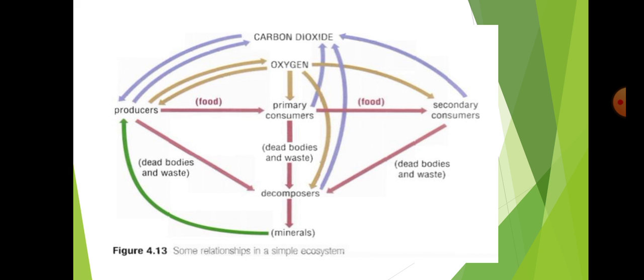The secondary consumer, primary consumer, and producers are all food for the decomposers after they die, and then the decomposers themselves return the minerals back to the producers. When the producers and the primary and secondary consumers use this energy, they release carbon dioxide, which in turn returns back to the producers to make more energy.